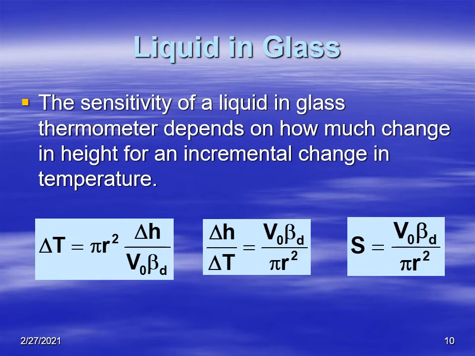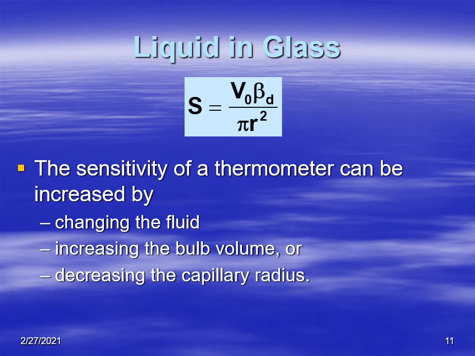We're going to explore each one of these to figure out what makes a very sensitive thermometer. To increase the sensitivity of a liquid in glass thermometer, you want to increase the values that are on the top, or in the numerator, of this equation, which are V naught and beta.